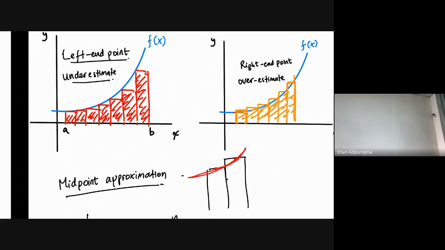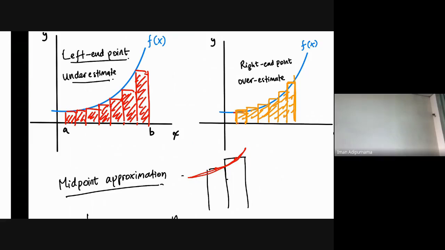Besides left and right, the other one is the midpoint. The difference is where you start the delta x. The delta x may be a similar width, but the starting point a may be different. Maybe this is 1, this is 1, maybe this is 1.5, shifted to the right.